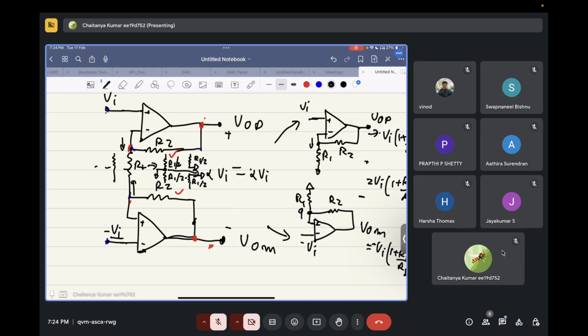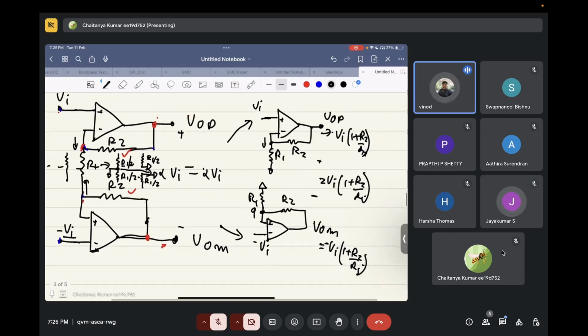Sir, it should be Vi into 1 plus R2 divided by R1 by R2, no, sir? Why will there be another R2 over here? That is dimensionally incorrect, right? It's just a non-inverting amplifier, no?